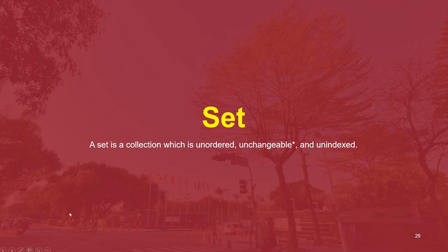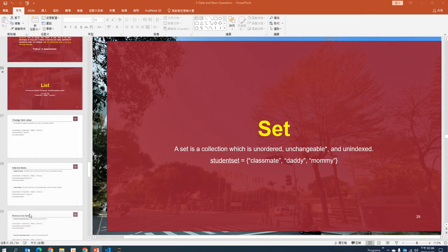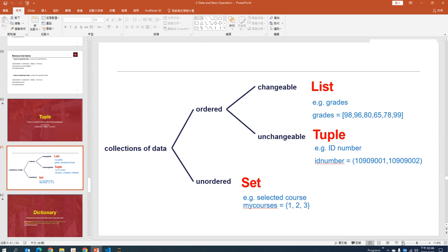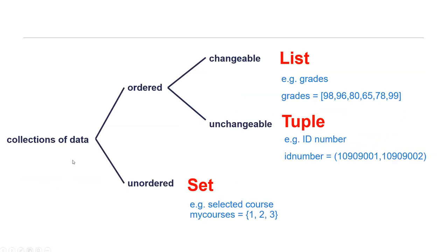And now the other thing is so critical. In today's course I show you the three collections of data: two are ordered and the other is unordered. The unordered one is set. We can use a set to compare two things, maybe two sets.